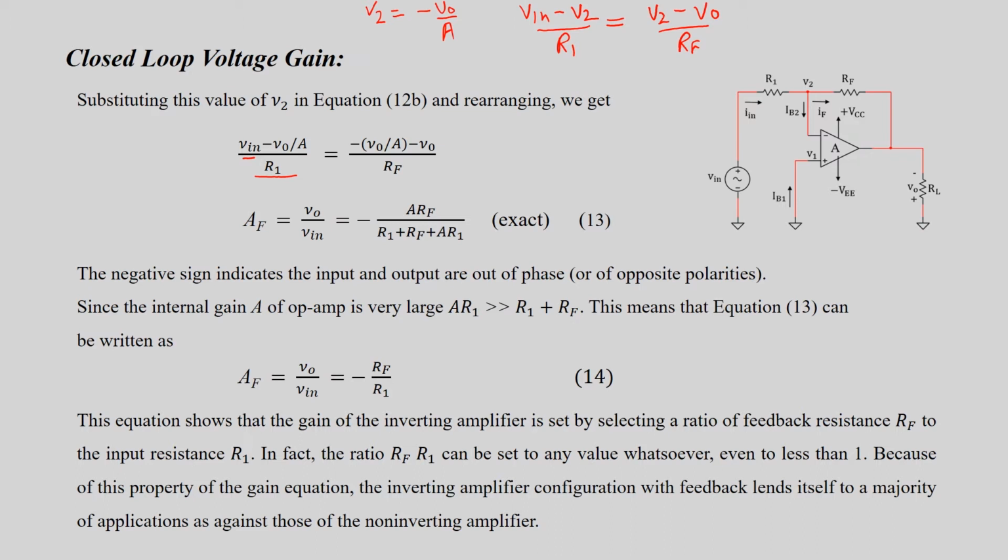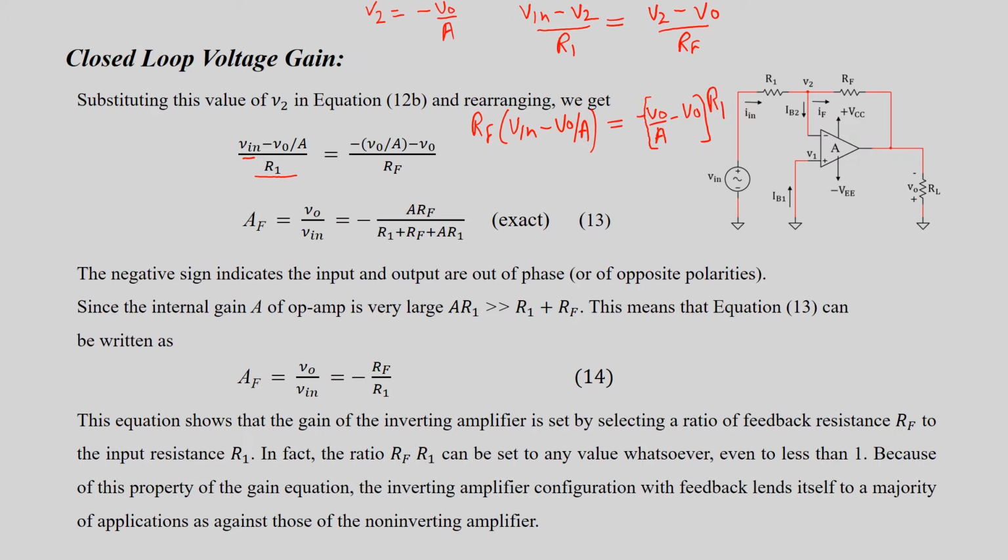So from here we can get R1 or RF into Vin minus V0 by A is equal to minus of V0 by A minus V0 into R1.